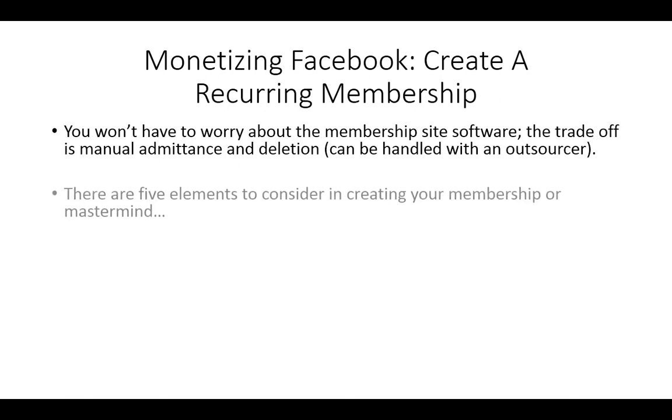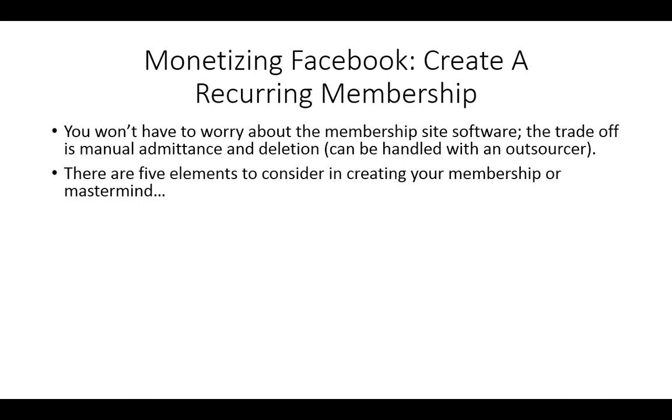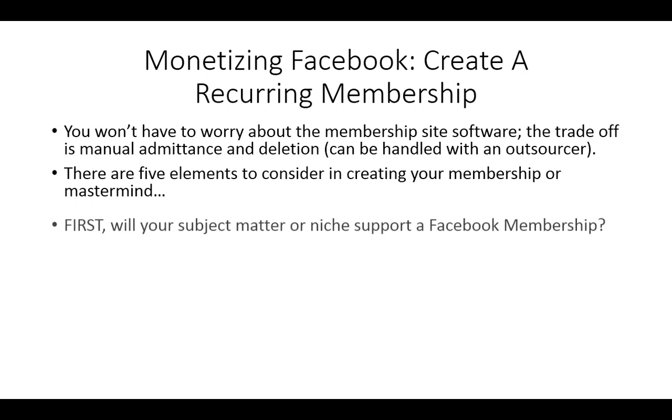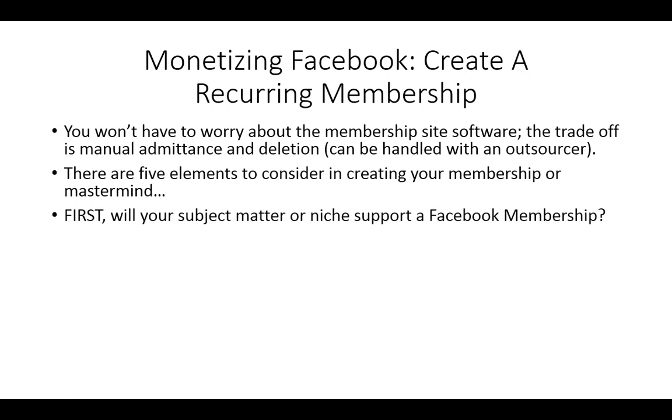Now, there are 5 elements to consider when creating your membership or your mastermind, and these are very important for you to kind of think through. We're actually going to be going over at least one of these, but these are the things that you will want to consider as you create your Facebook recurring membership. First, will your subject matter or your niche support a Facebook membership?